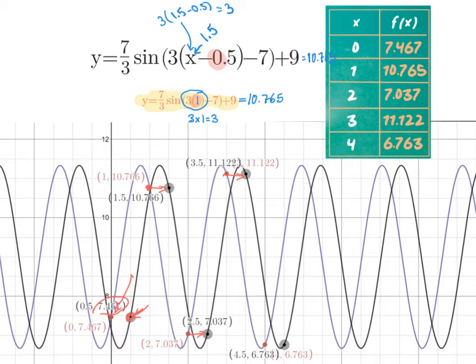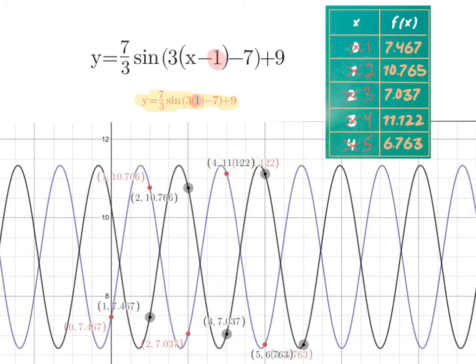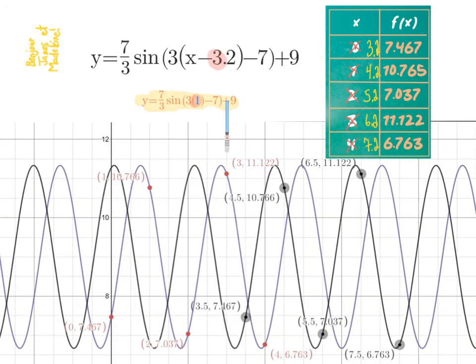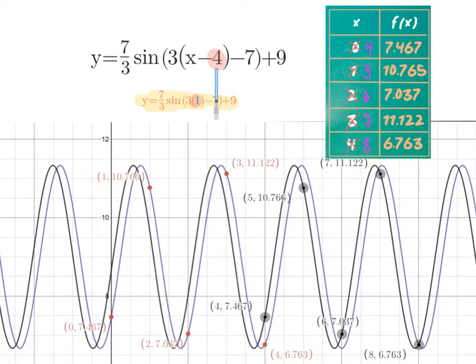And of course we can continue that along. Now we've got x minus 1, and all the values just go up by 1, and the graph goes to the right by 1. So the purple graph just moves to the right. As I subtract more and more, the graph goes farther and farther to the right. Here's x minus 4, and as you can see, each dot has moved 4 to the right.